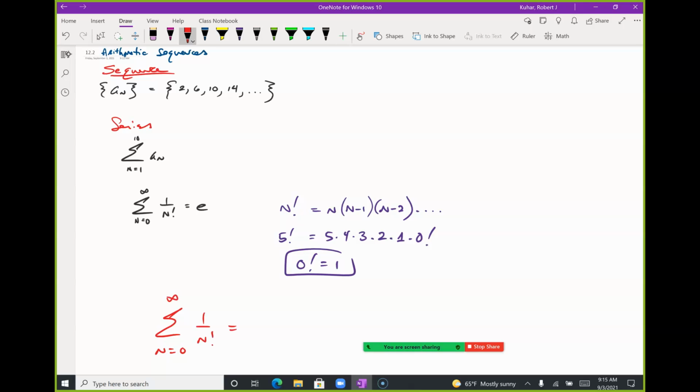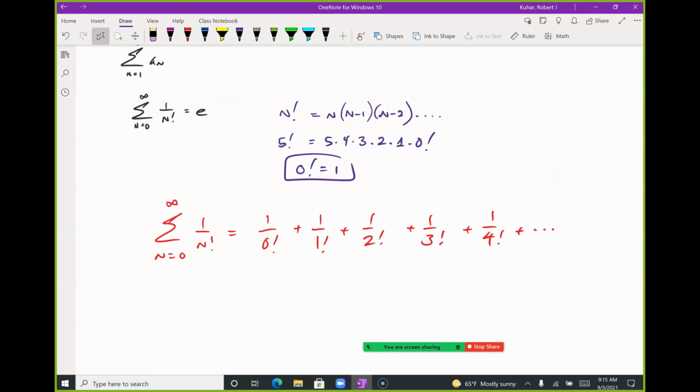The way you start is just start writing out terms. 1 over 0 factorial. Then the index n is 1, since it started at 0, then 1. 1 over 1 factorial, plus 1 over 2 factorial, plus 1 over 3 factorial, plus 1 over 4 factorial, plus dot, dot, dot. It goes on forever.